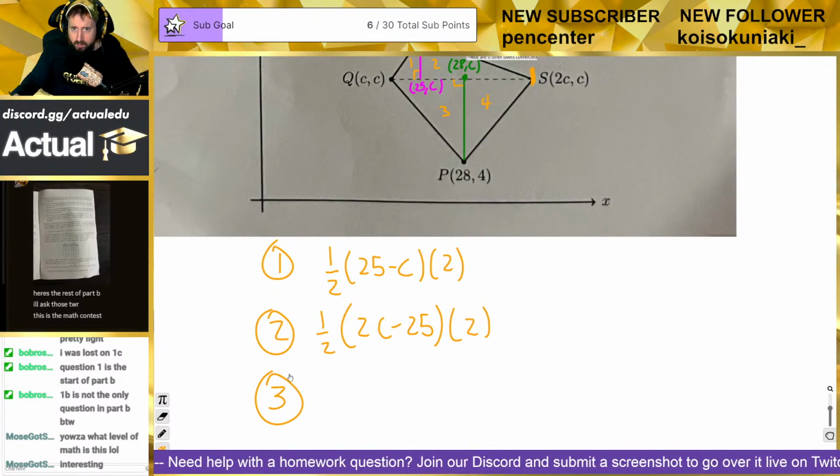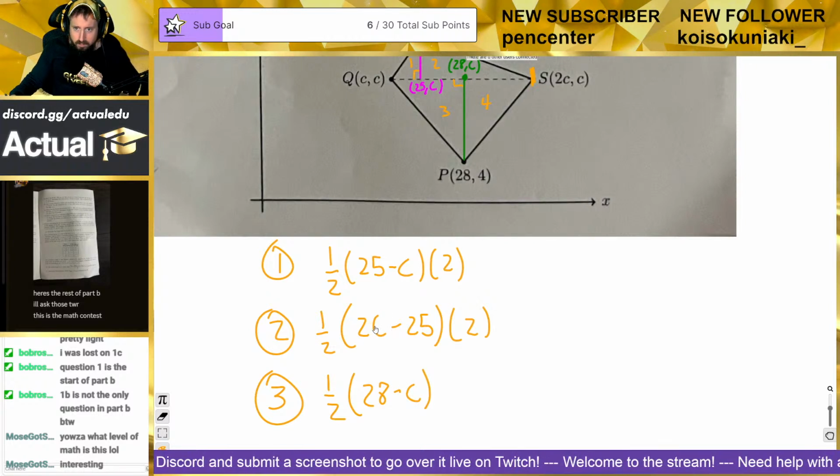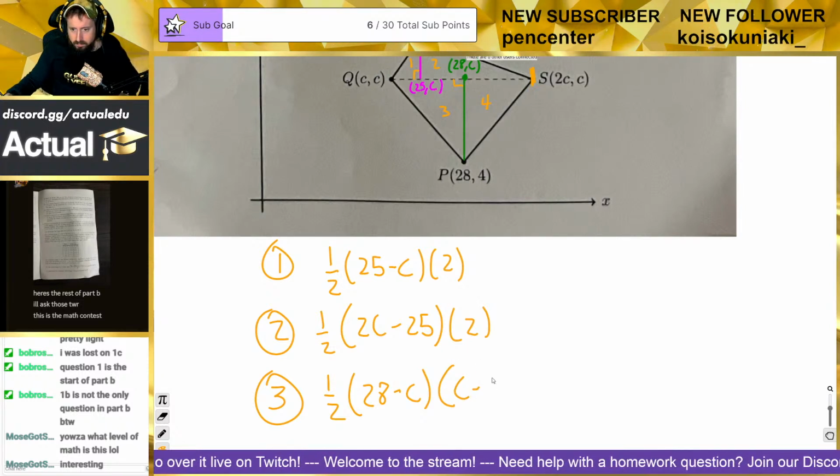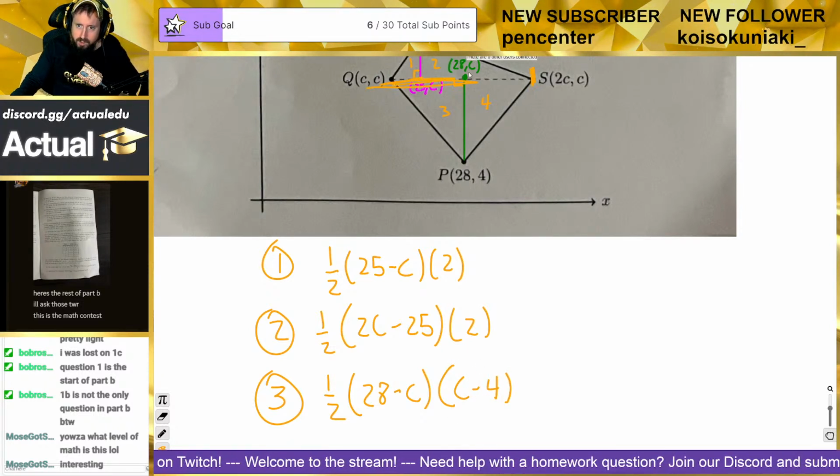Triangle 3 is going to be 1/2. Now the base is 28 minus c, and that has a height of c minus 4. Right? Because this is c, and then this is 4.